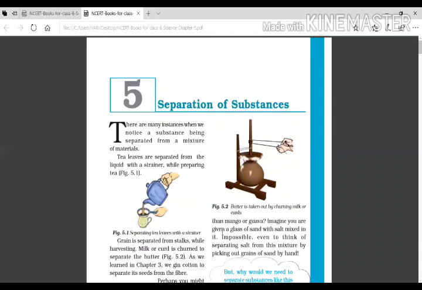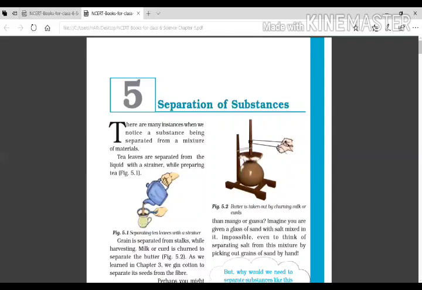Sometimes we separate the substances for removing the harmful things. Sometimes we separate them for using the components separately, and sometimes we use the cleaned things after separating the waste.